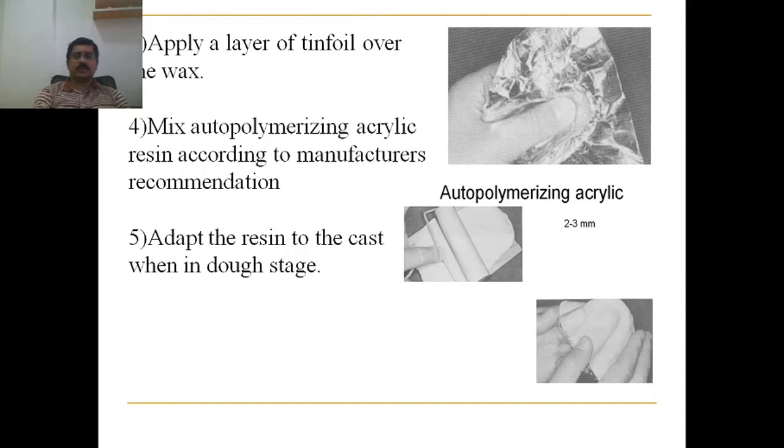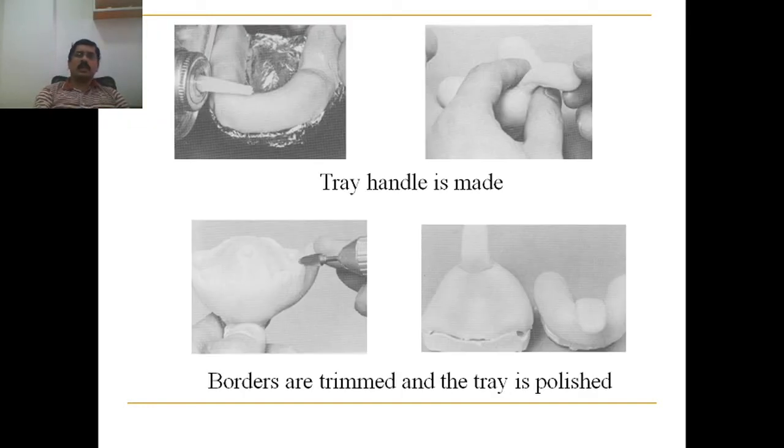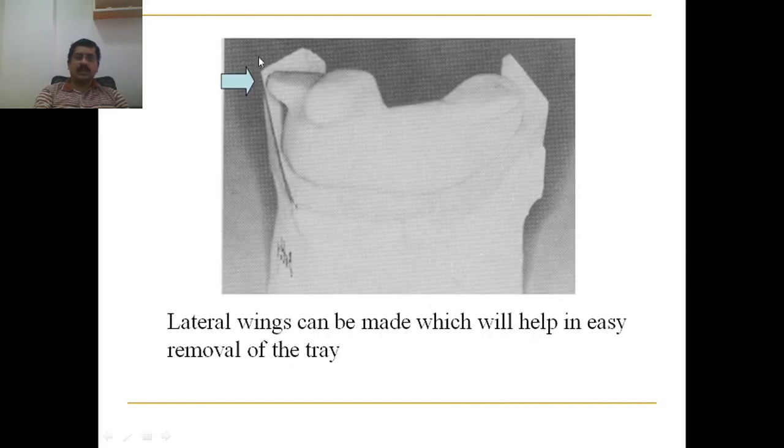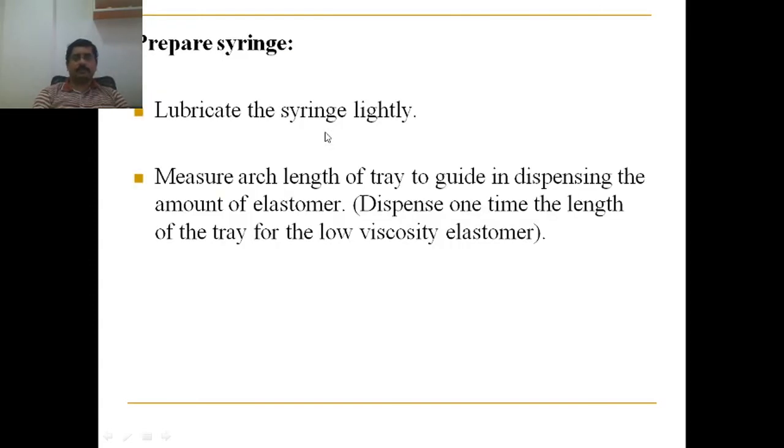Any method is suitable. After that, we have to make a tray handle. You can see the tray handle is made here. The borders are trimmed and the tray is finished and polished. It is always better if you make a lateral wing, which can help us in easy removal of the tray.